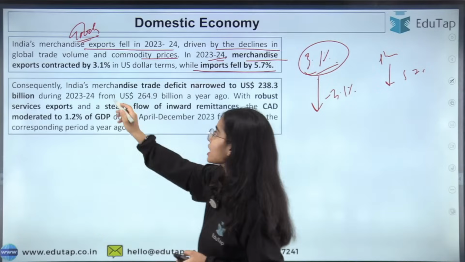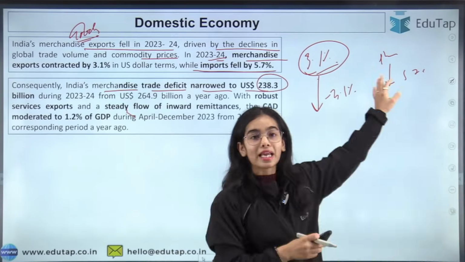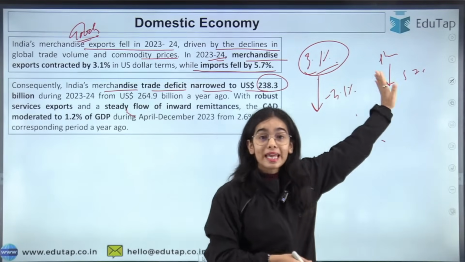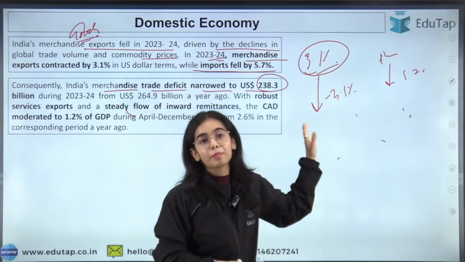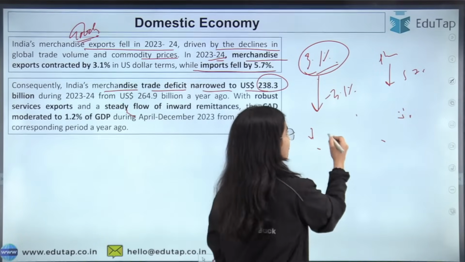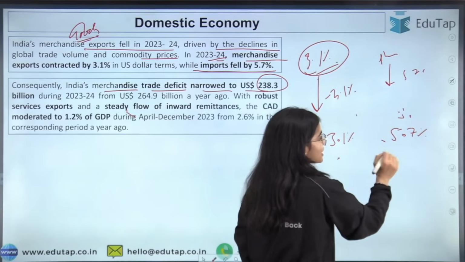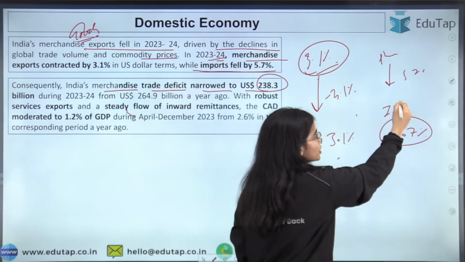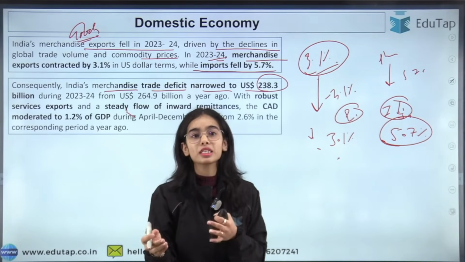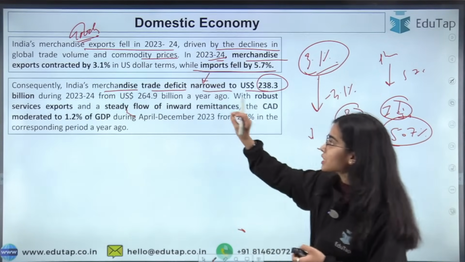Consequently, India's merchandise trade deficit narrowed to US $238.3 billion during 2023-24 from US $264.9 billion a year ago. Here you can see that our exports are falling, and the imports are also falling, but the imports are falling more than the exports: exports by 3.1% and imports by 5.7%. That is a good point, because due to this the trade deficit has gone down.